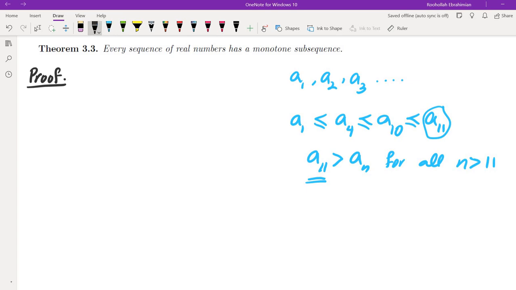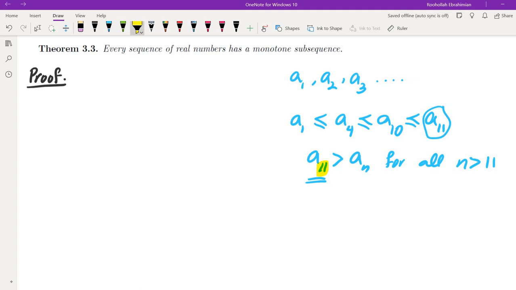And what does that mean? It means these indices, like 11, where a11 is more than everything after that. If there are only finitely many of them, then I can do the exact same process that I explained.